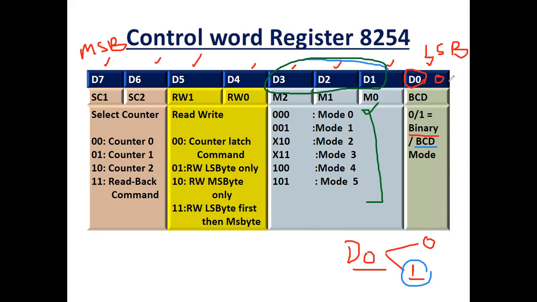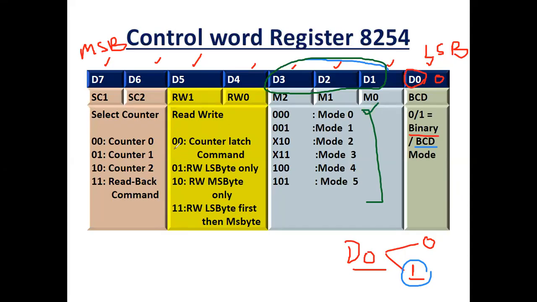So the first bit decides binary or BCD mode. The next three bits decide the mode of operation. Now the next two bits, D4 and D5, are read/write bits.